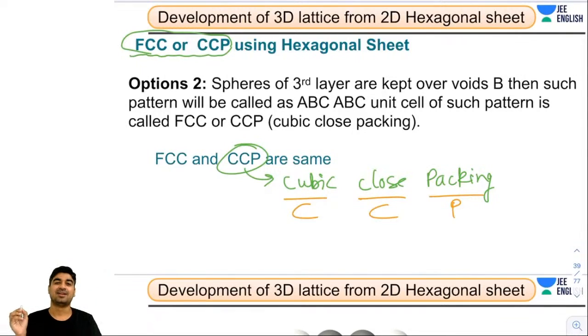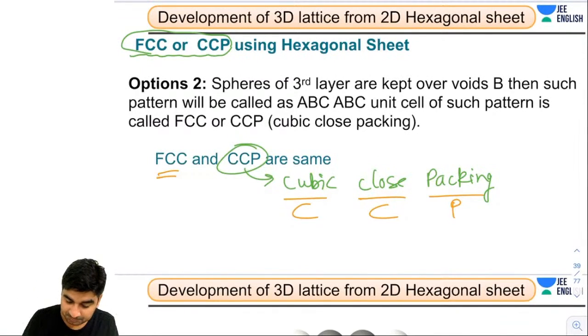So CCP and FCC are the same. There is no difference between them. These are basically synonyms, two names, right? So when will it be formed? When ABC ABC type layering is done.